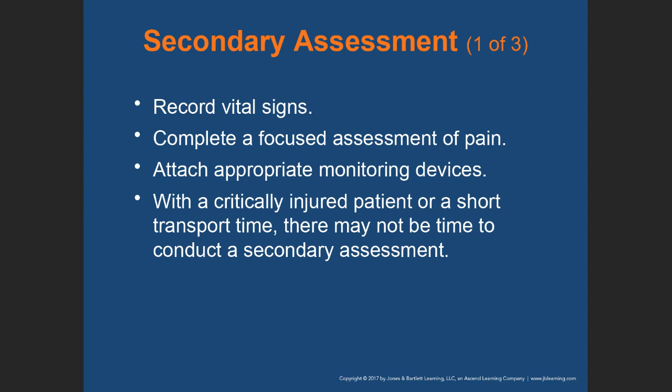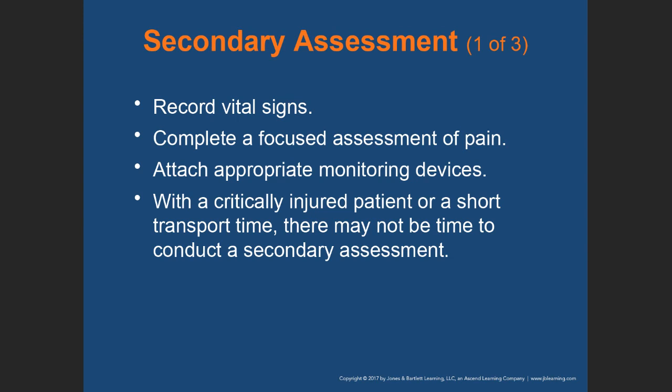Check the pulse: rate, rhythm, strength. Check the blood pressure, check the GCS. So we want a full set of vitals. Complete a focused assessment of pain, and attach appropriate monitoring devices if you didn't already do that before.